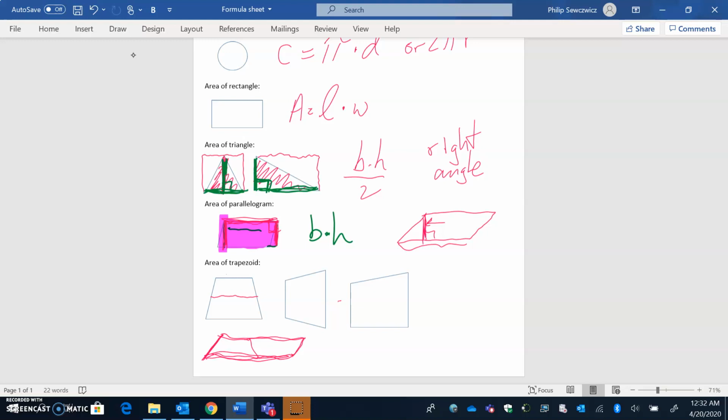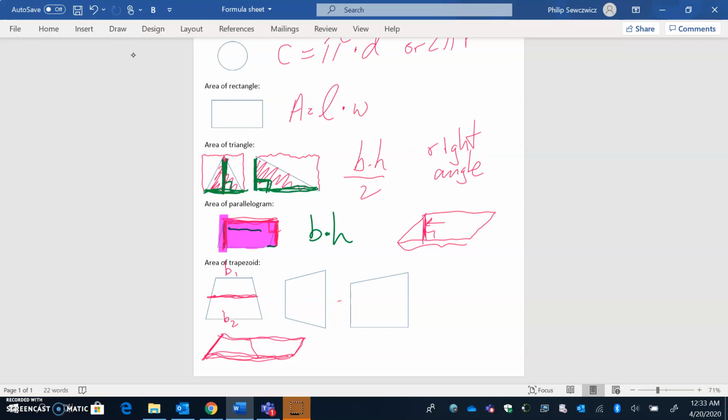And that's it. So a trapezoid, when cut in half, is a parallelogram. So what we do is we call the one parallel side base 1. We call the other parallel side base 2.